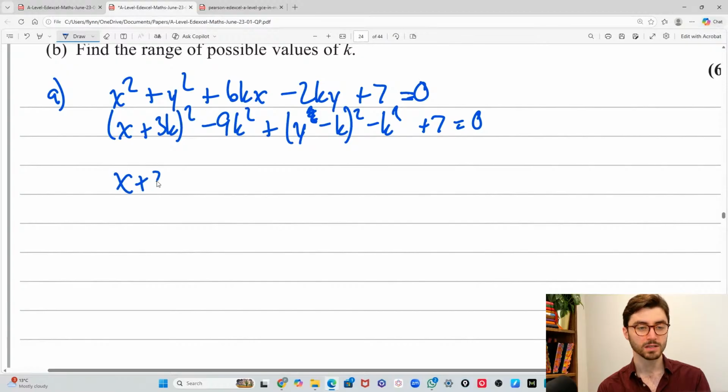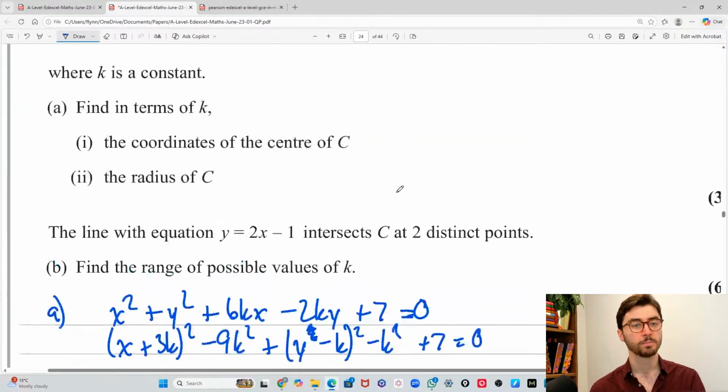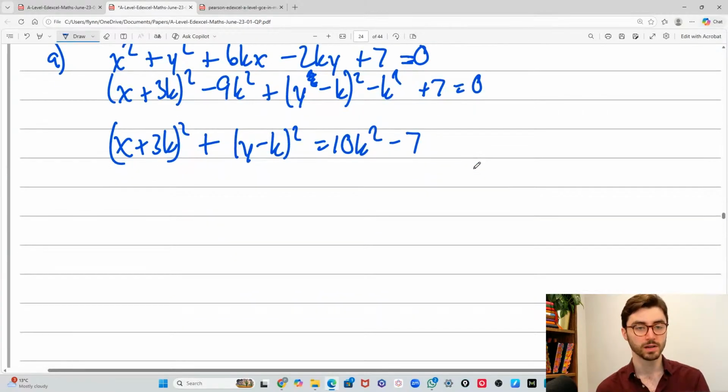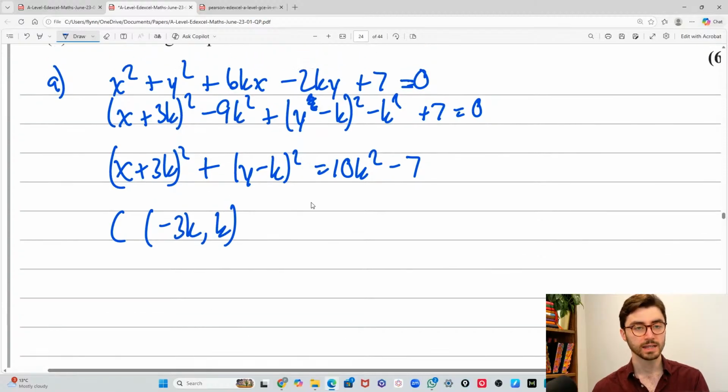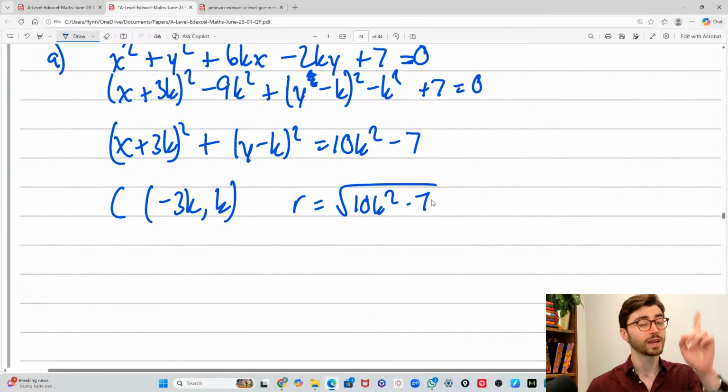So x plus 3k all squared plus y minus k all squared equals 10k squared minus 7, by moving those over to the other side. This means the center has coordinates minus 3k and k, and the radius is the square root of 10k squared minus 7. Please don't forget that square root.